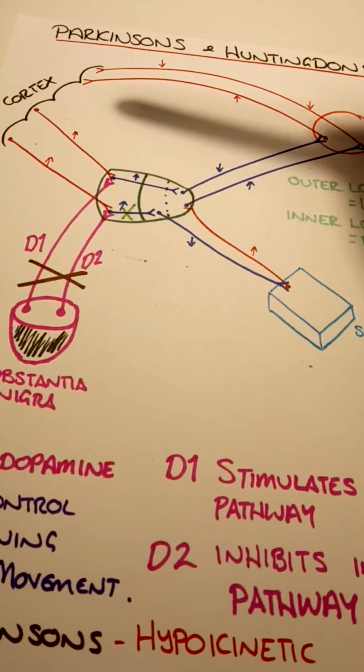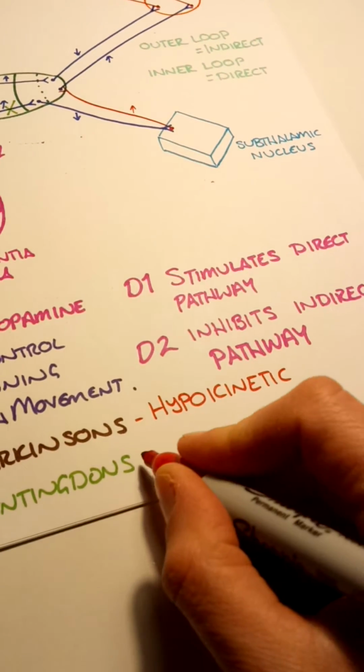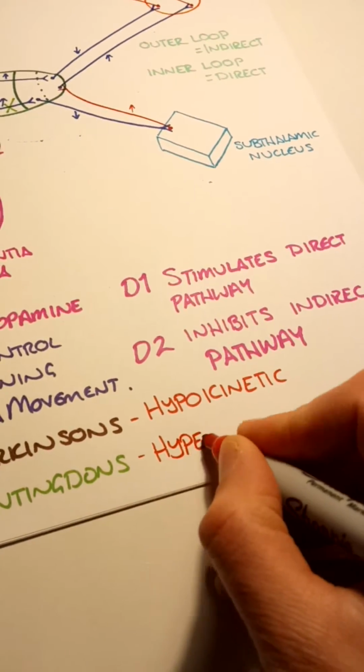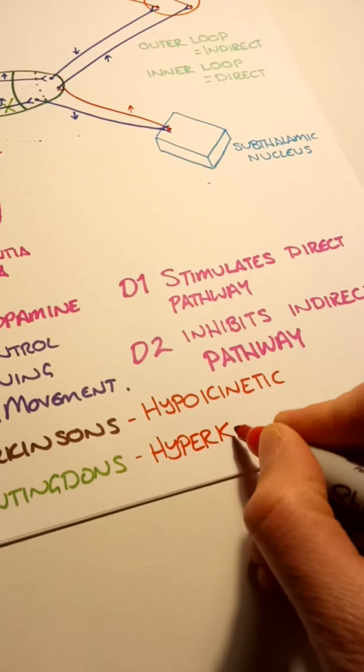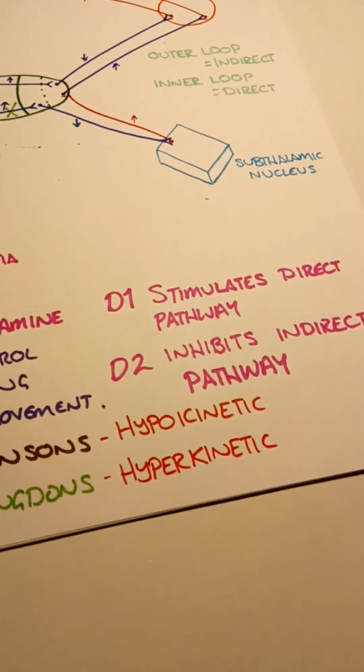The thalamus is exciting the cortex, and you've got nothing to rein it in because your indirect pathways are gone. So therefore, Huntington's is a hyperkinetic disorder.